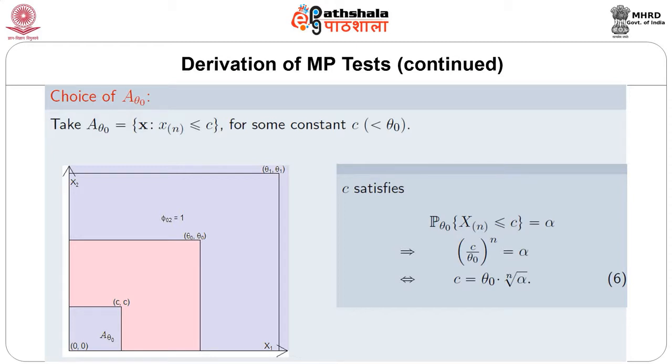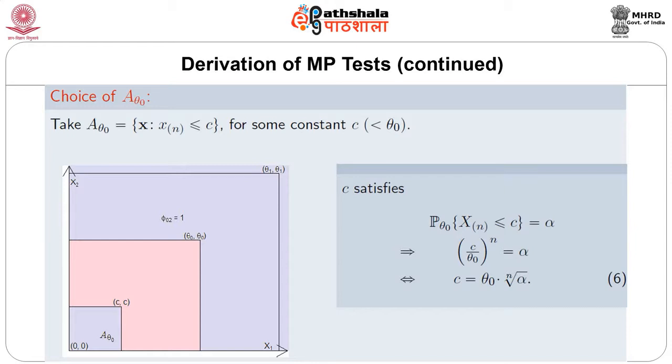Since x1, x2, xn are independent, this is the product of those probabilities, and each probability is c by theta naught. So, this probability is c by theta naught to the power n, which is alpha, so that c is theta naught alpha to the power 1 by n.